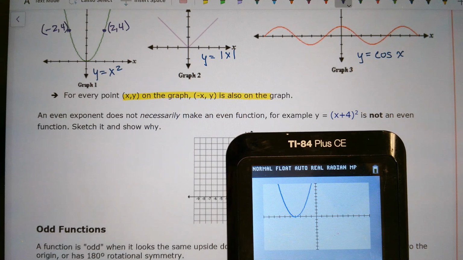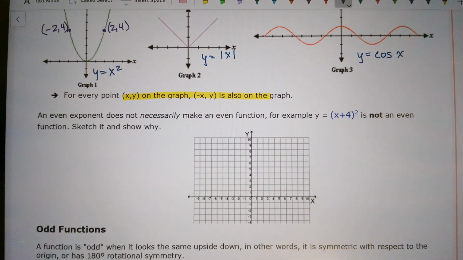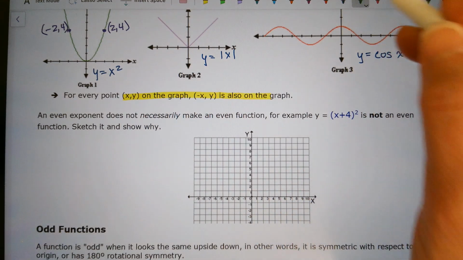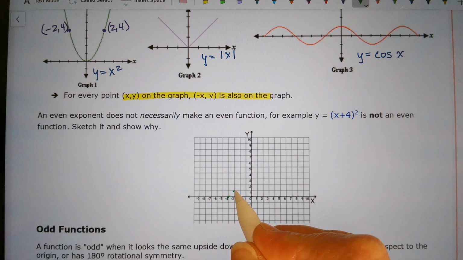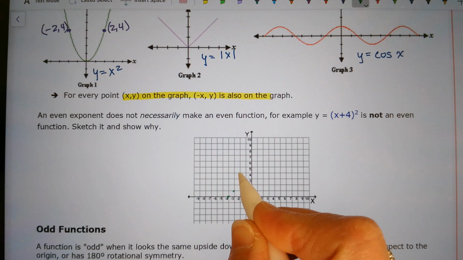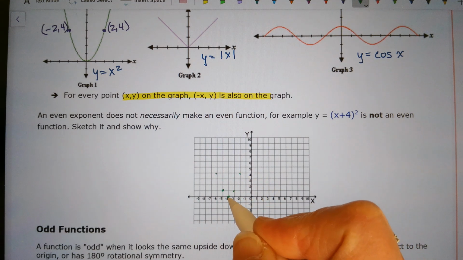So we still have the graph of a parabola, and actually it's the graph of y equals x squared shifted to the left 4 units. Sketching the graph, getting a few points.